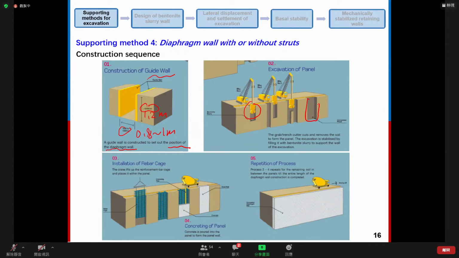The excavation is stabilized by filling it with bentonite slurry to support the wall of the excavation. After that, we install the rebar cage, and then we cast the concrete wall. Like this, we finish one panel of the diaphragm wall. By repeating the same procedure, the entire wall can be constructed.